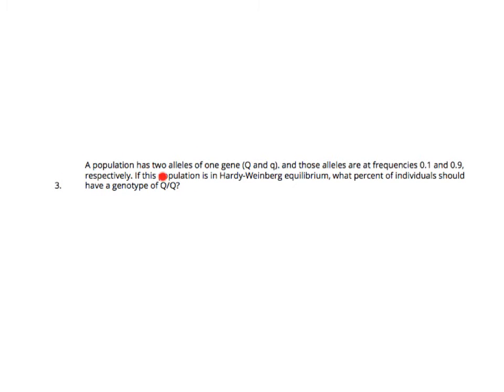Let's see responses. Good. 1%, 9%, 1%, 10%, 75%, 40%, 20%, 10%. So how do you go about solving this problem? It's clear that the class doesn't have a consensus.